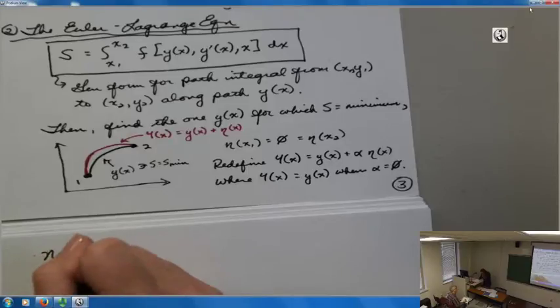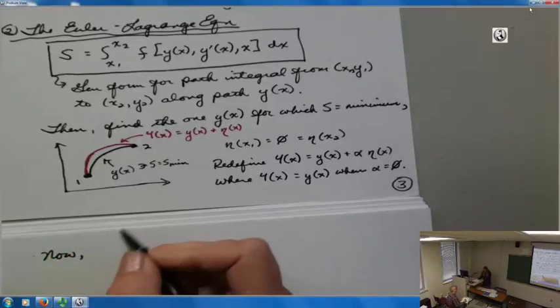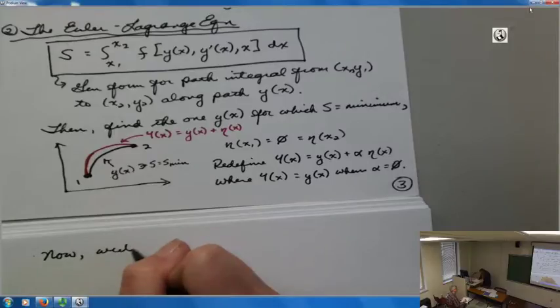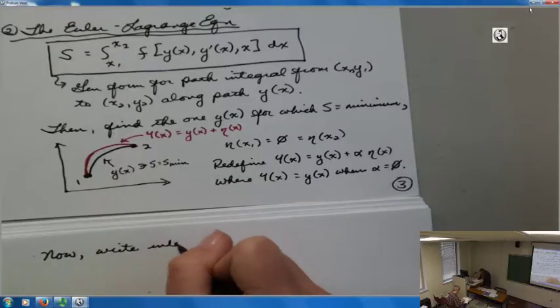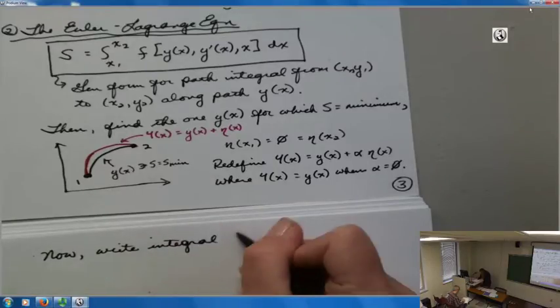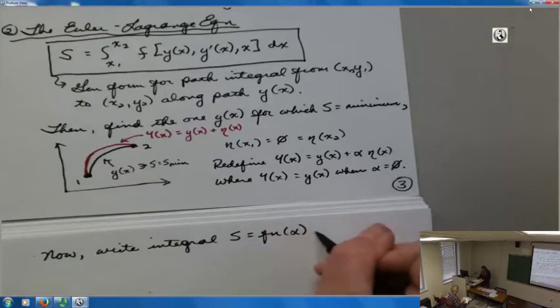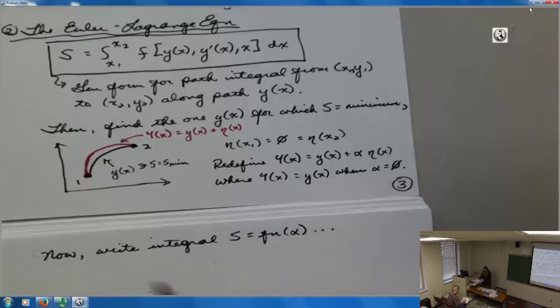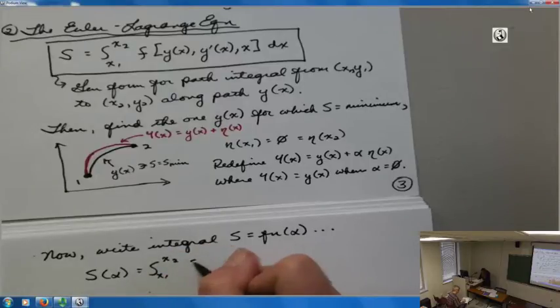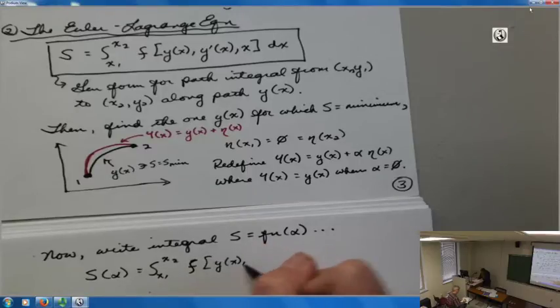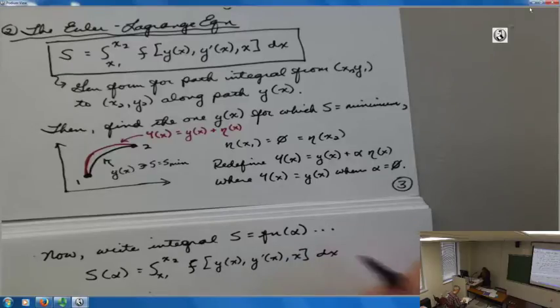So now I'm going to write the integral S as a function of alpha. What I've got is this integral from x1 to x2 from before, f of y of x, y prime of x, x, dx.